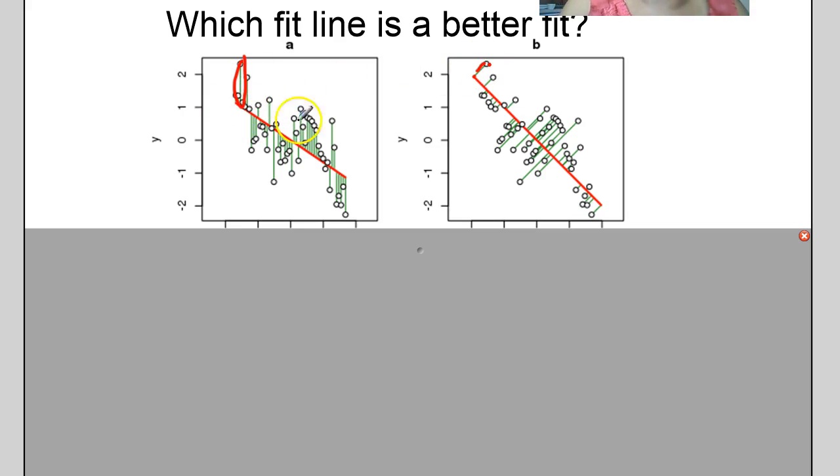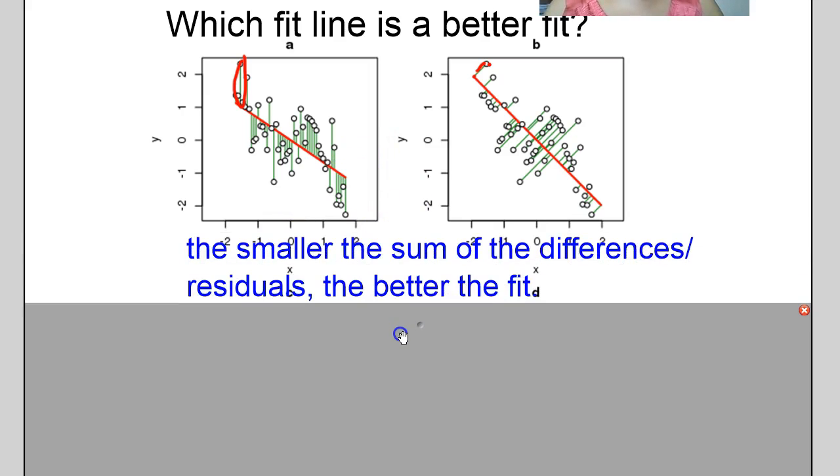And the distance that we're using can be either the perpendicular distance like these are, or the vertical distance. So the idea is we are trying to determine which fit line gives you the smaller sum of the differences, and the differences are called residuals. The smaller the sum of the differences or the residuals, the better the fit.